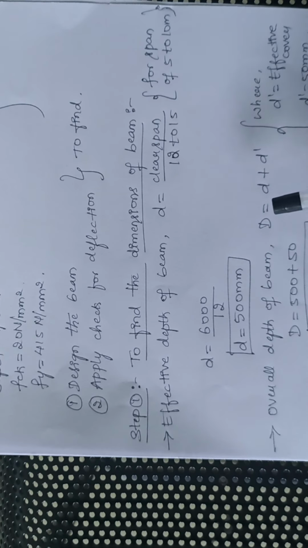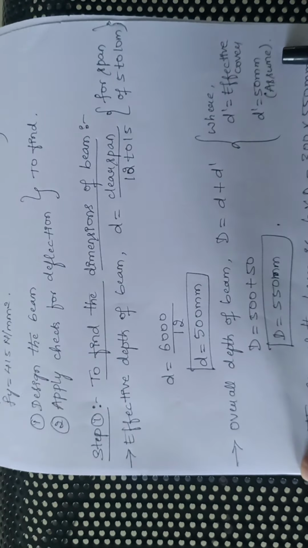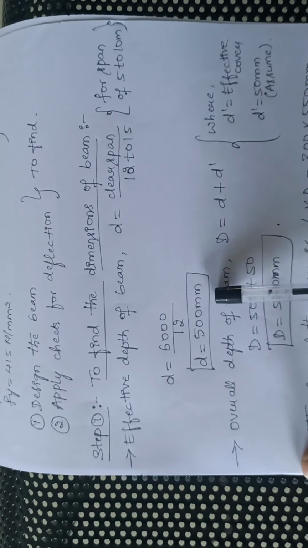To find that, we have the formula: overall depth is equal to effective depth plus effective cover. Let us assume a value of effective cover of 50 mm. Now the assumed value will be substituted here, and the effective depth that we have already got, that is 500 mm. Let us add these two values. On adding these two, we will get the overall depth of 550 mm.